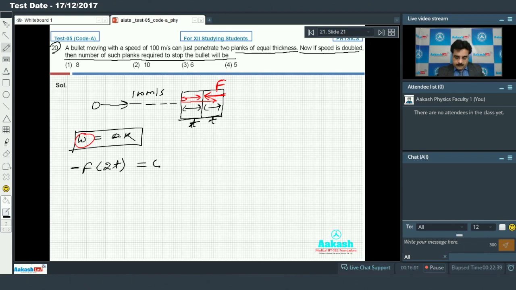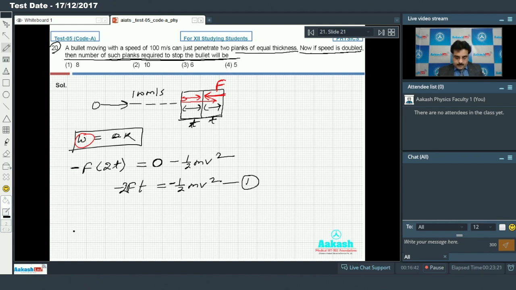Final kinetic energy will be 0. So minus half m v square. So I have the relation minus F into 2t is equal to minus half m v square, and this is my equation number 1. If I go for the second step, because the speed is doubled, the number of such planks required to stop the bullet will be n.